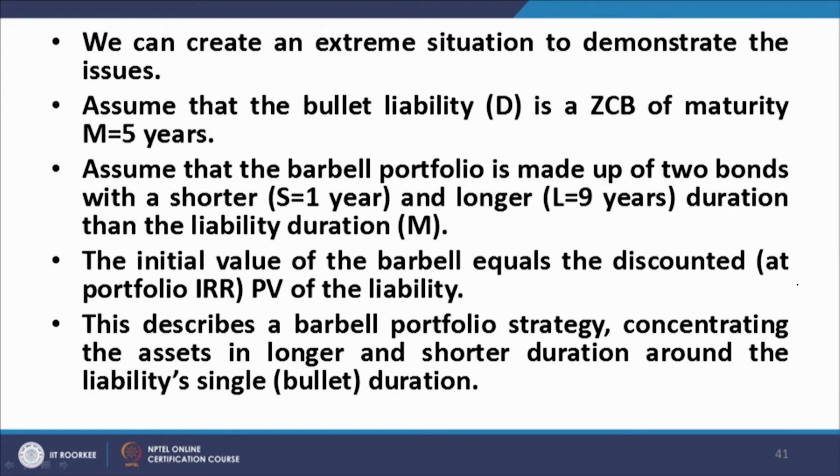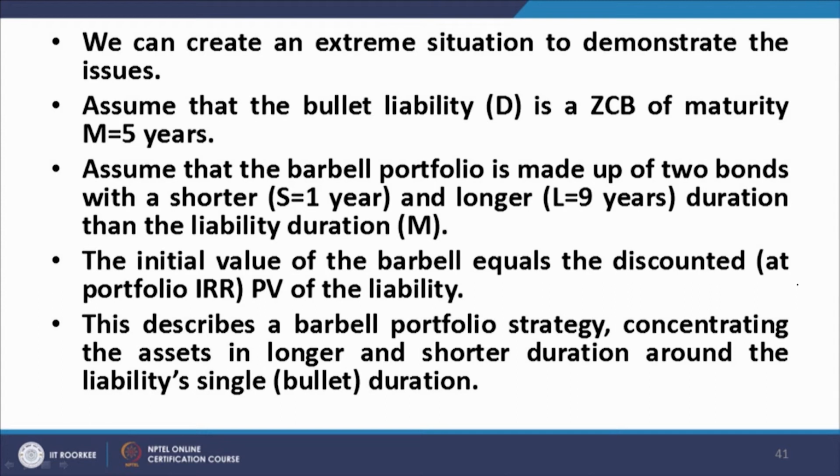We can create an extreme situation to demonstrate the issues. Assume that the bullet liability D is a 0 coupon bond of maturity M equal to 5 years. Assume that the barbell portfolio is made up of 2 bonds with a shorter duration S equal to 1 year and a longer duration L equal to 9 years than the liability duration, which is M. M is in between: M is equal to 5, S is equal to 1 year, L is equal to 9 years.